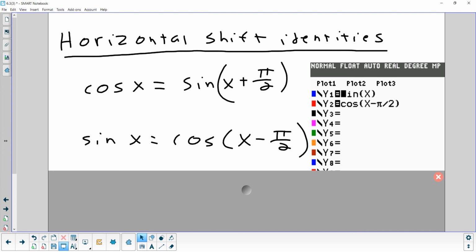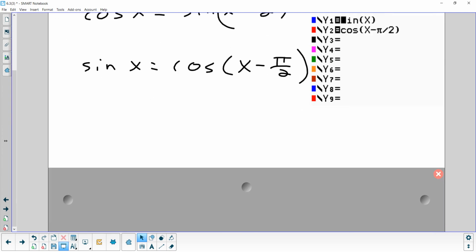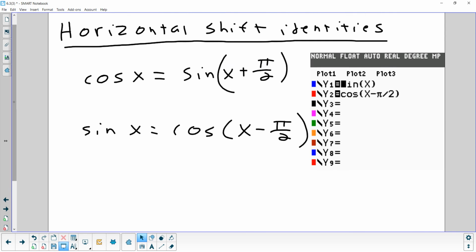So it gives us a way to rewrite equations. That's what that does. And we'll talk more about these identities later on. There's a bunch of identities we're going to study. But there's 2. Any questions on that idea? Sine and cosine are phase shifts of each other.